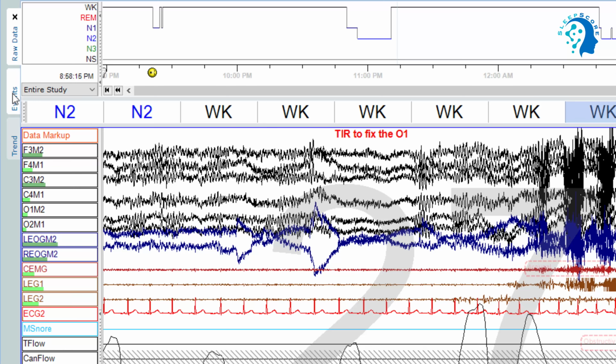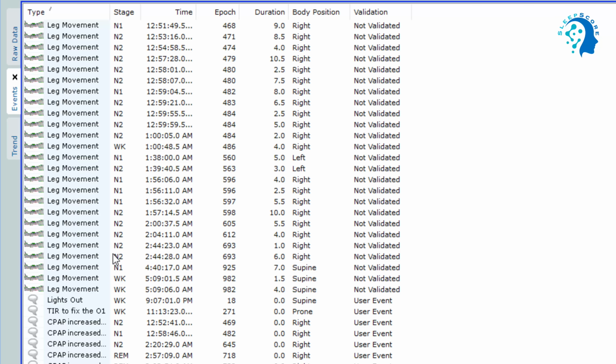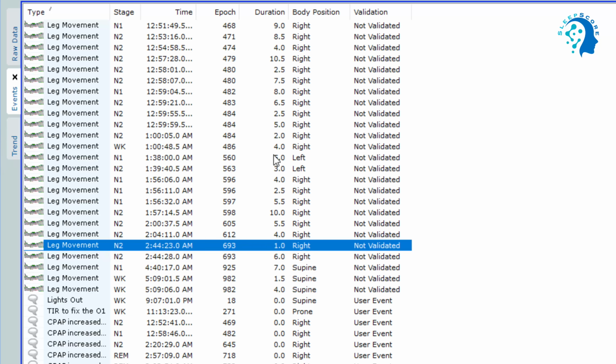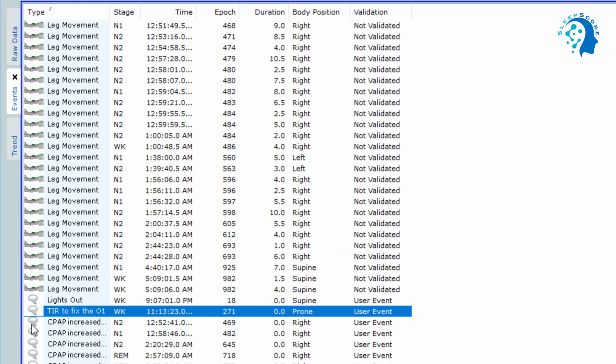All right, check this out. See, this event is blinking. When I click this and scroll down, you will see TIR to fix O1.